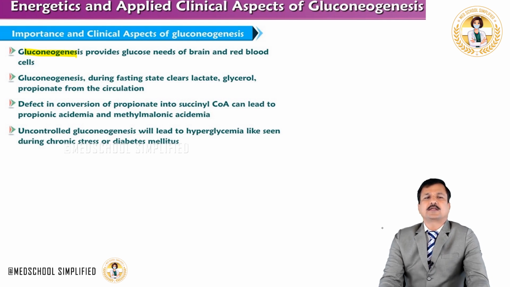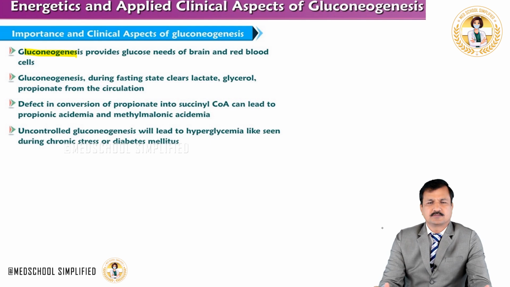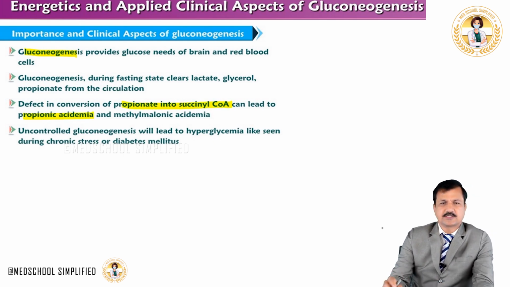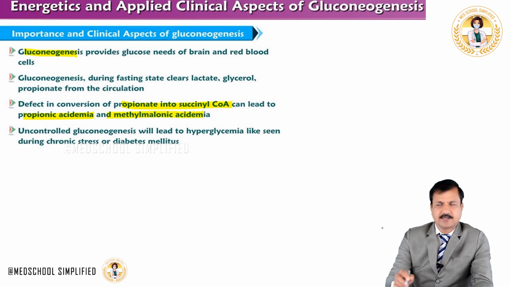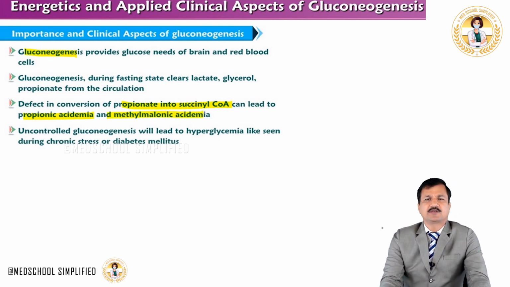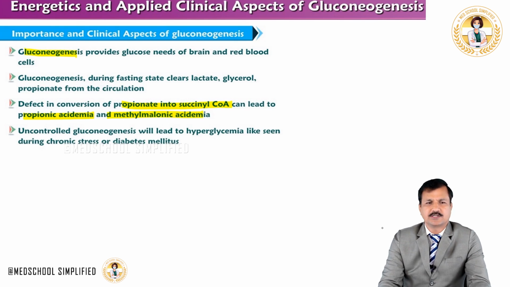That's why lactate and propionate can be cleared from circulation during gluconeogenesis, making glucose and releasing that into the blood. A defect in the conversion of propionate into succinyl-CoA can lead to propionic acidemia and methylmalonic acidemia. I have explained all of this in my previous lecture on gluconeogenesis.